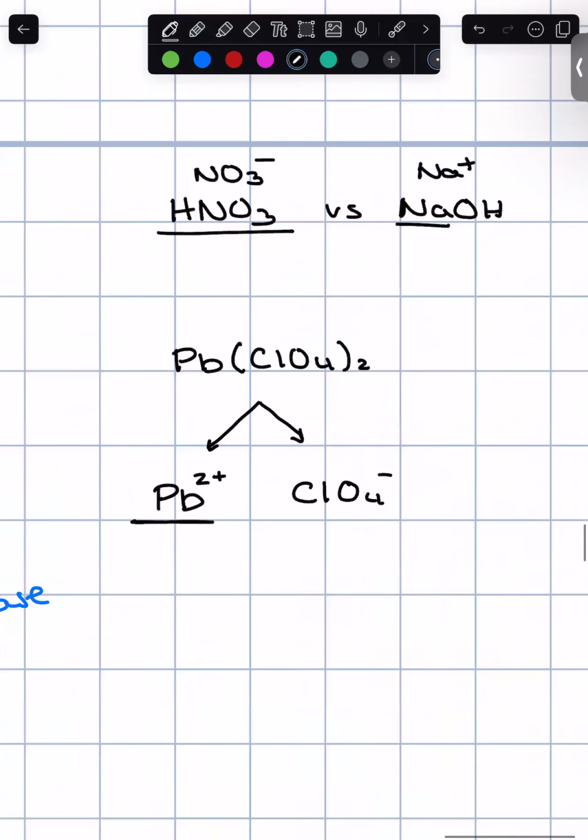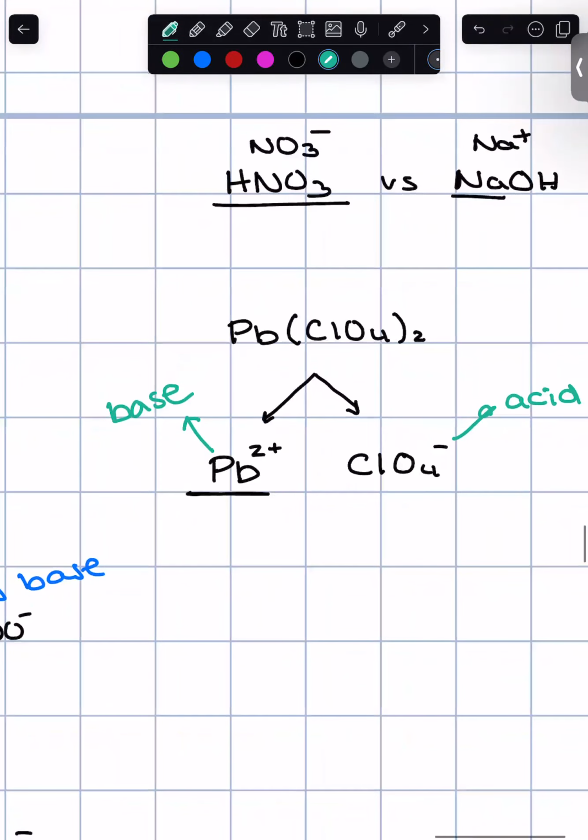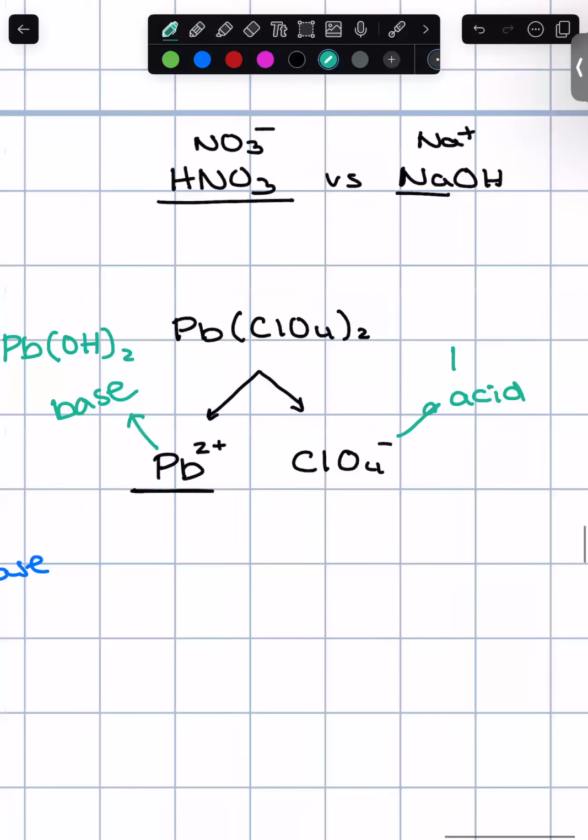So when you look at this, I want you to think that lead comes from a base, while the chlorate is coming from an acid. In fact, you can almost think that it comes from Pb(OH)2, which is the base, and HClO4 is the acid. Is this HClO4 a strong acid?